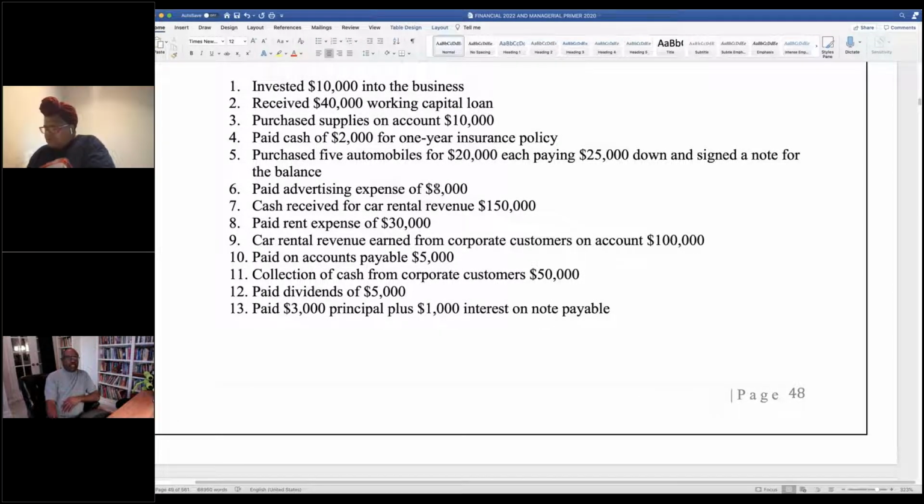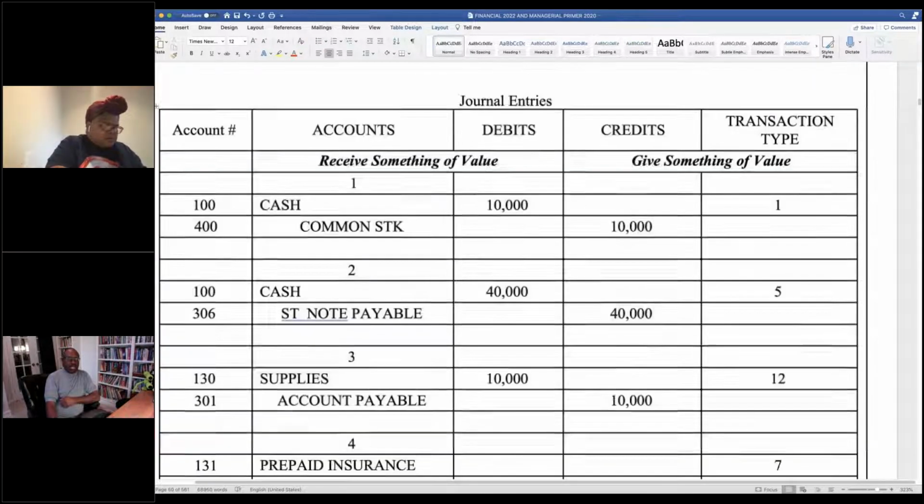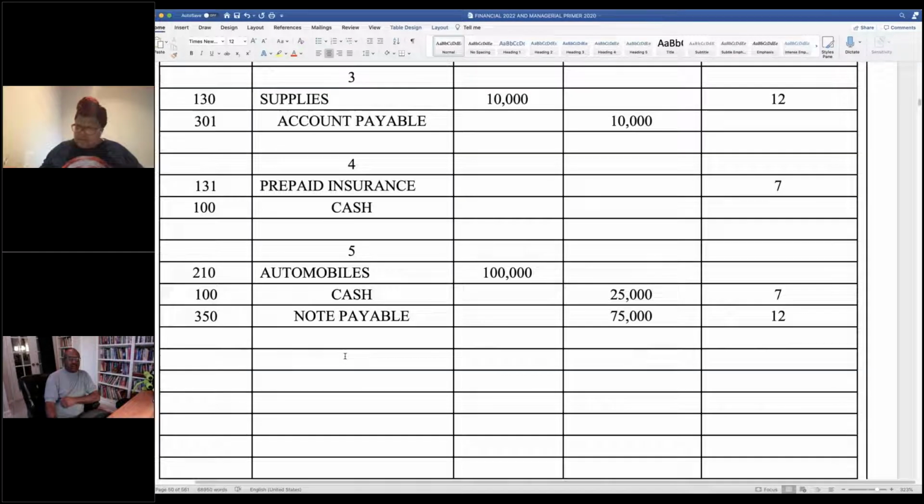Okay, what happened to number 6? What's happening now? Isn't that number 12? See this word here, paid? Oh, okay. Would it be number 9? Payment of an expense. So when we pay the advertising, we get to number 6.